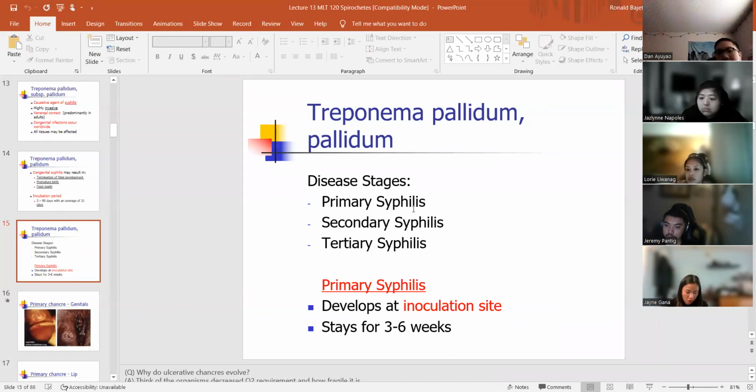You think that you've gotten rid of it, or you think you're cured, but you haven't. Then it comes back as tertiary syphilis. So there are 3 diseases, but there's a 4th stage. Primary syphilis develops at the inoculation site. Remember, these organisms are invasive by skin contact, and they can penetrate the skin.